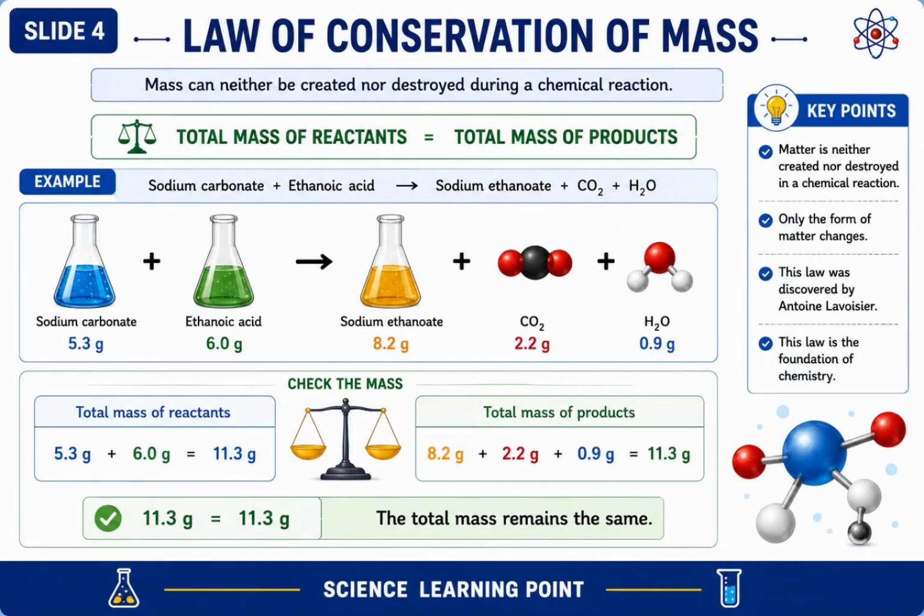So the rule is mass can neither be created nor destroyed during a chemical reaction. In our example, the reactants have a total mass of 11.3 grams and the products also have a total mass of 11.3 grams. So remember, reactants and products are different, but the total mass remains the same.